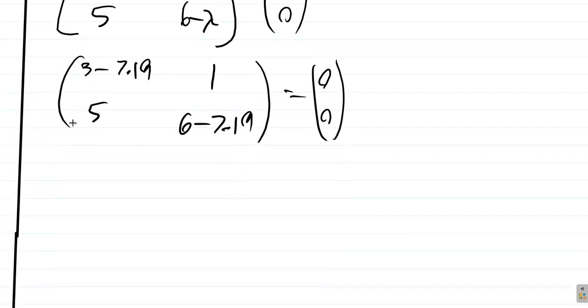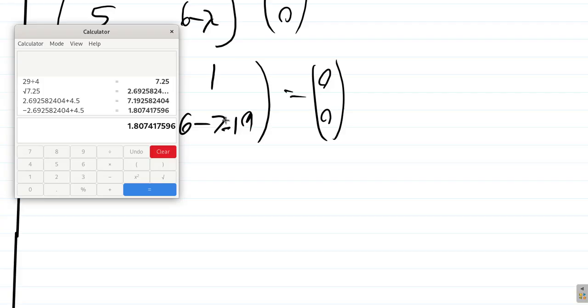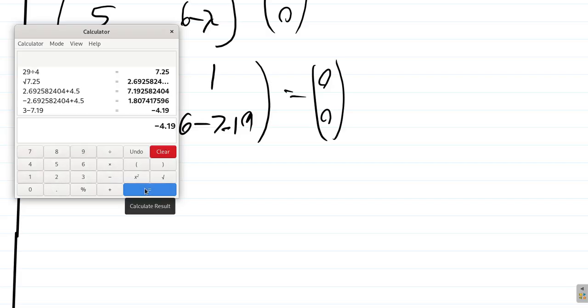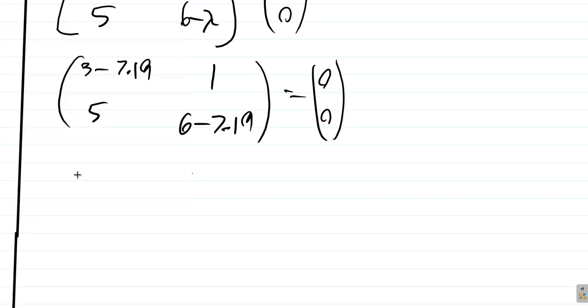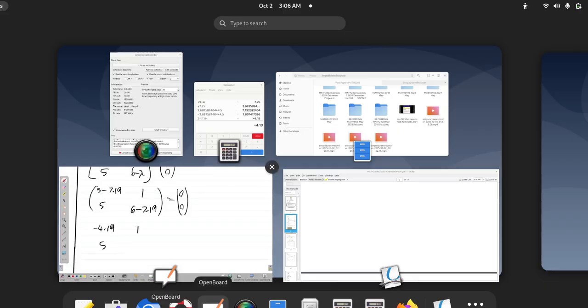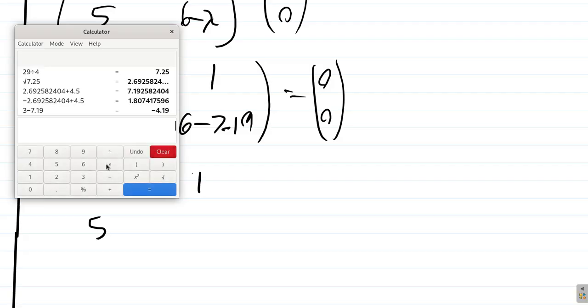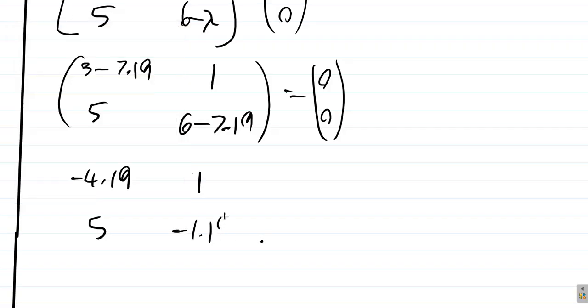3 minus 7.19 equals negative 4.19. So we have negative 4.19, 1, 5, and then 6 minus 7.19 equals negative 1.19.